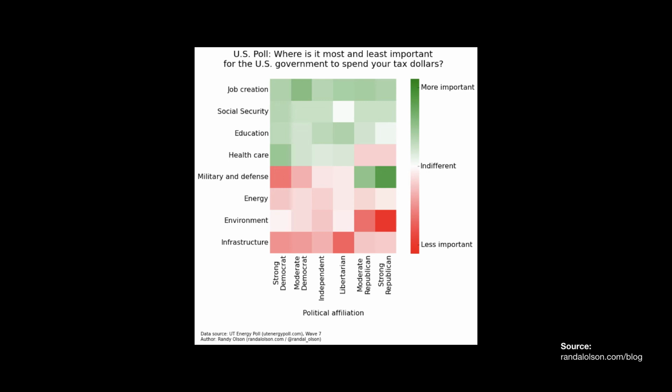In the rows we have the issues, and in the columns we have each of the different political factions. And this is a poll that was carried out in the US. So this can be useful to gain some kind of insight into the views over different categories.